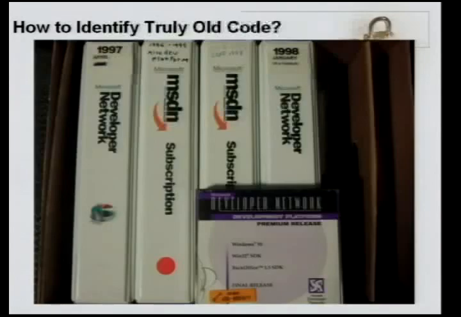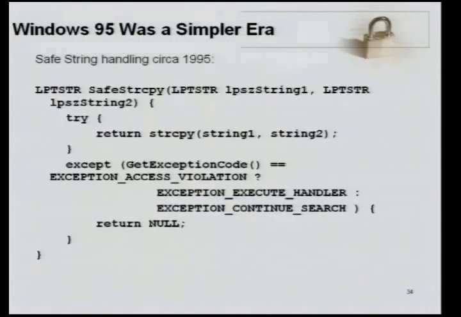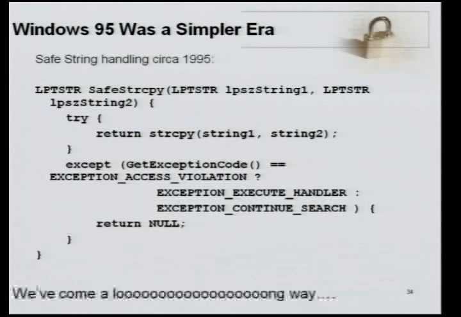So it turns out at Microsoft, it's not that hard to find old copies of MSDN. So they just basically called up MS Library and they shipped them every copy of MSDN since 1995. And there were some howls down the hallway when they started looking at the Windows 95 SDK, and this is one of the gems that they found. This is safe strcpy, circa 1995. So we've come a long way here, long way.